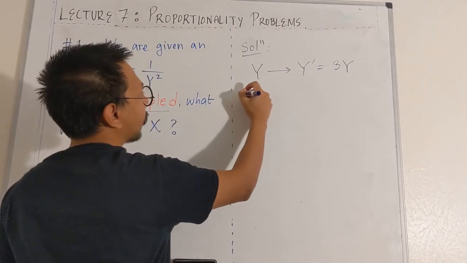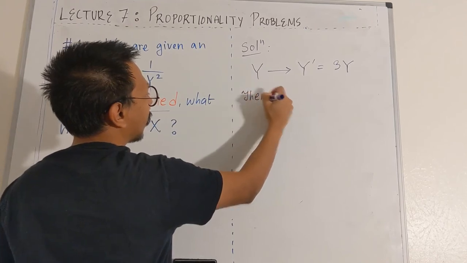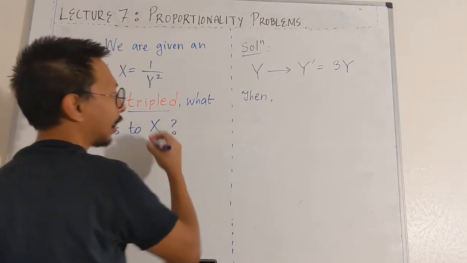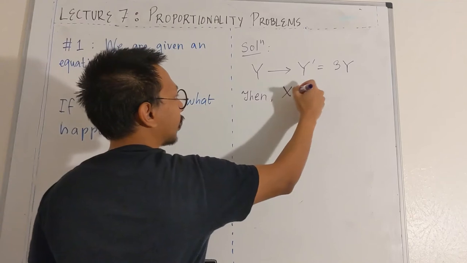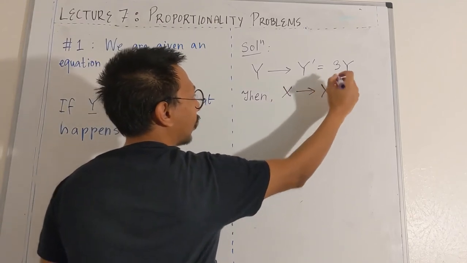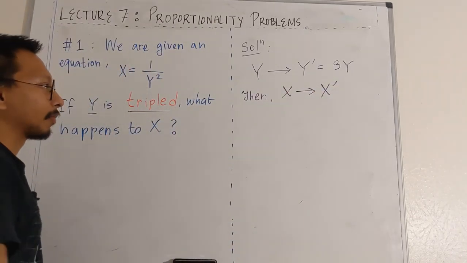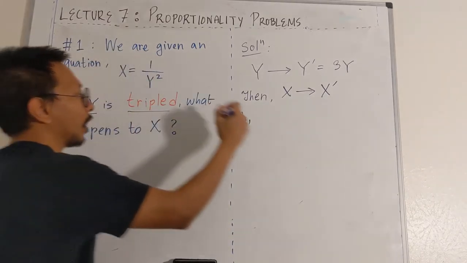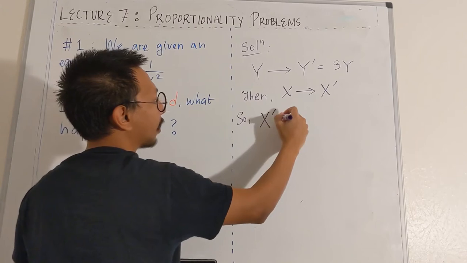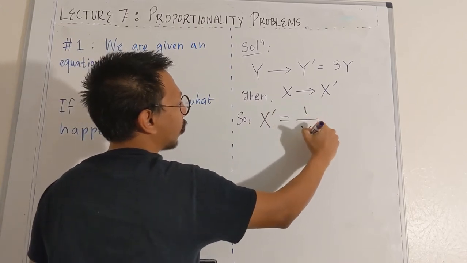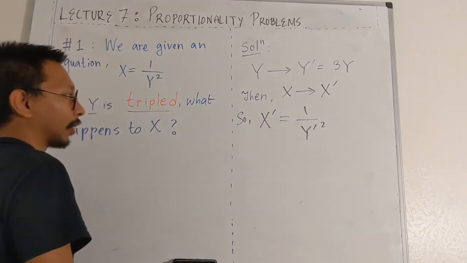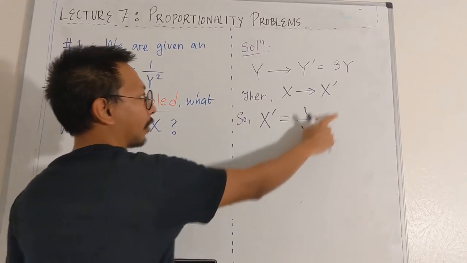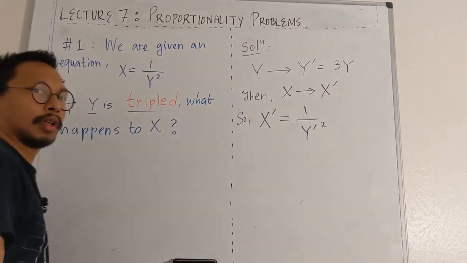Then, according to this equation, x will now be a new x, call it x prime, which will also have a new equation: x prime equals 1 over y prime squared. Wherever you see y prime, you replace it with 3y.